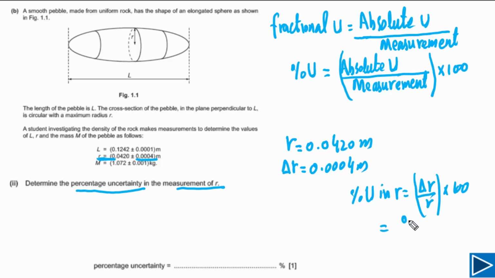So delta R is 0.0004 and this is divided by 0.0420 and this is multiplied by 100. If we calculate this one, our answer will be about 1%, and this is the answer for this question. And this question has only 1 mark, and this is answer mark. If you got right answer, you will get this mark.